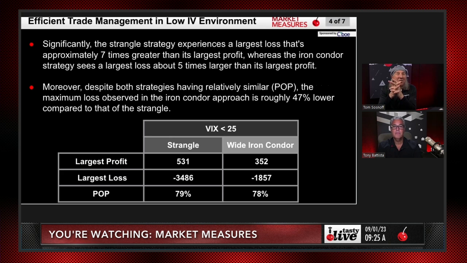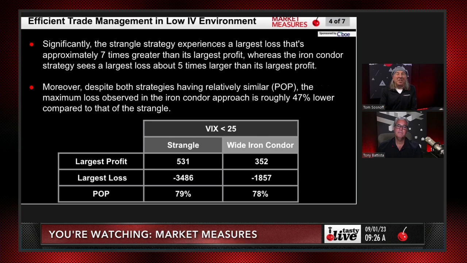The POP is virtually the same. The strangle and the wide Iron Condor both actually make pretty good money. The wide Iron Condor loses less money in its worst loss. That's about it. That's under 25 though.